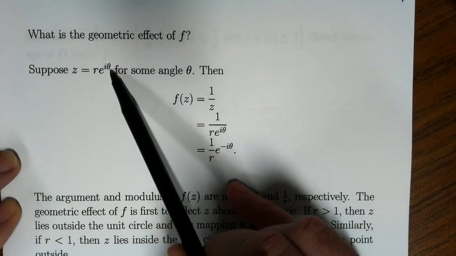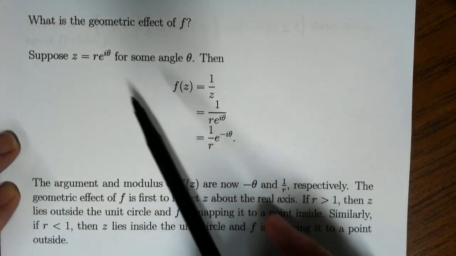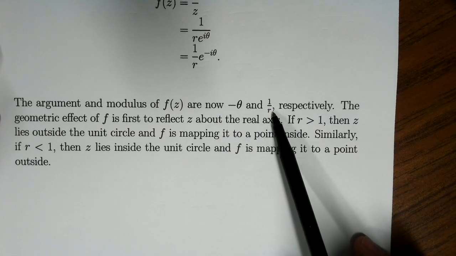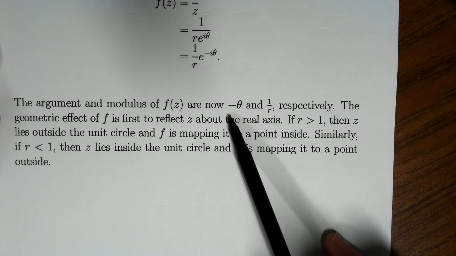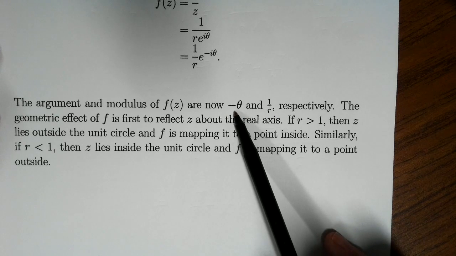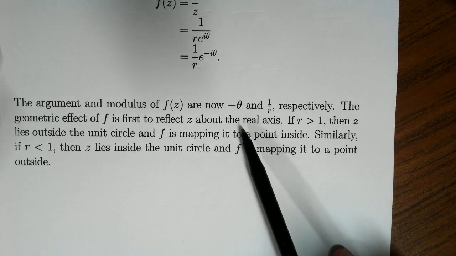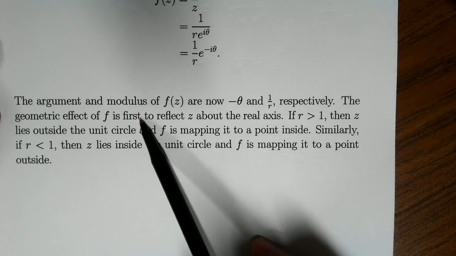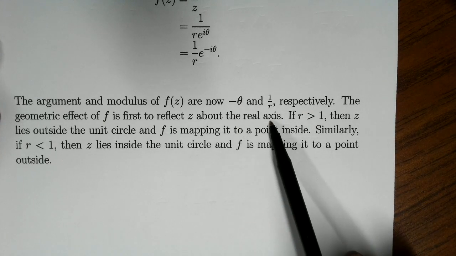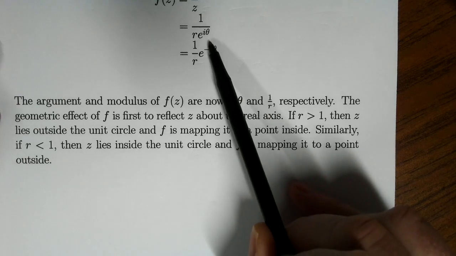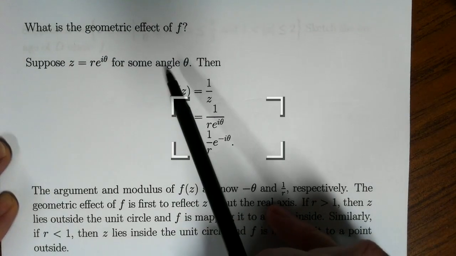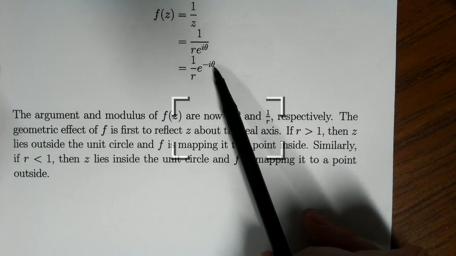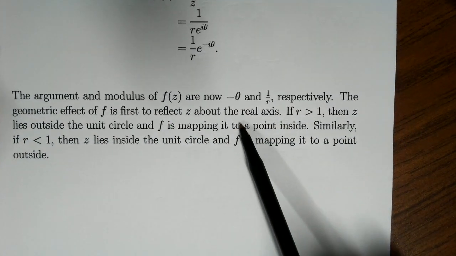So if z has an argument of theta and a modulus of r, the resulting output will have a modulus of 1 over r and an angle of minus theta. So whatever theta is, we're going to be negating the angle. So the geometric effect of f is to first reflect z about the real axis. That's because if the original argument theta was pi over 6, the argument of the output would be minus pi over 6.